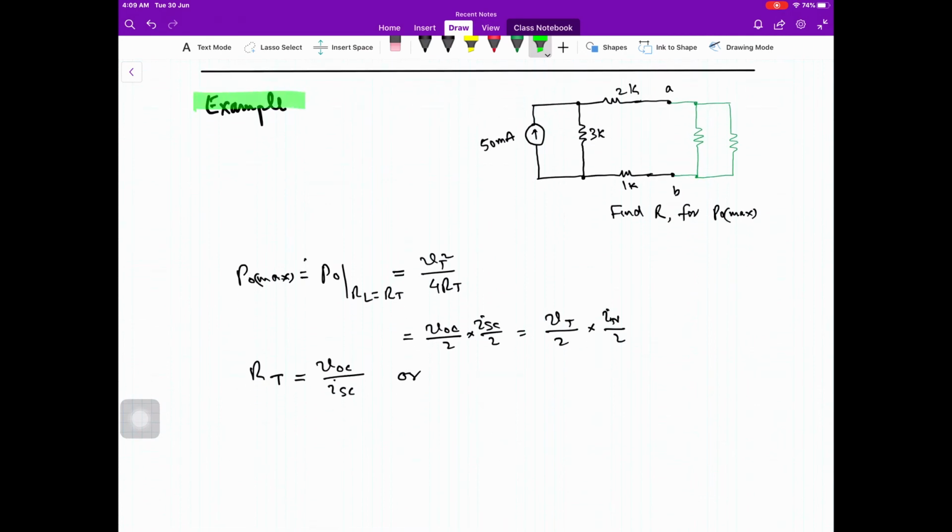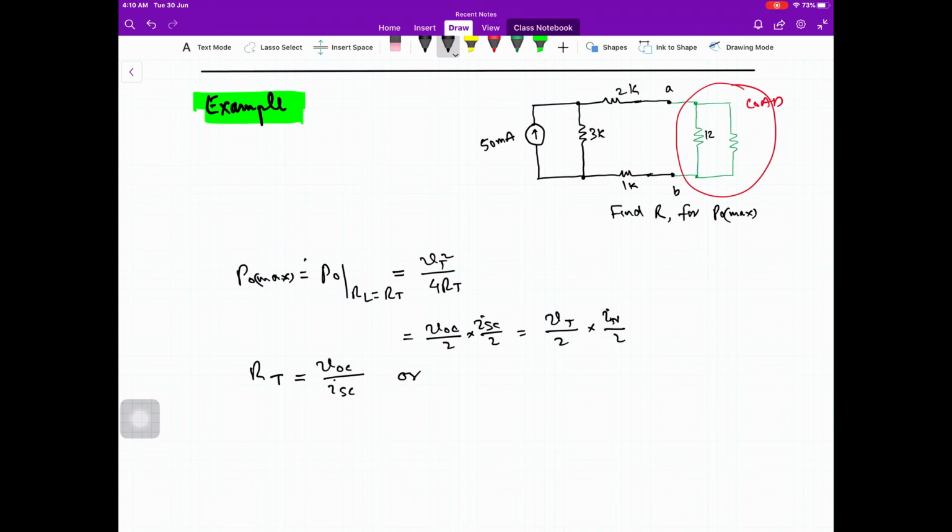I will present only one example, and in this example, values of all the resistors and current source are mentioned, but the load, which is over here, this is the load. Instead of a single resistor, it is possible that we have multiple resistors in series parallel combination.